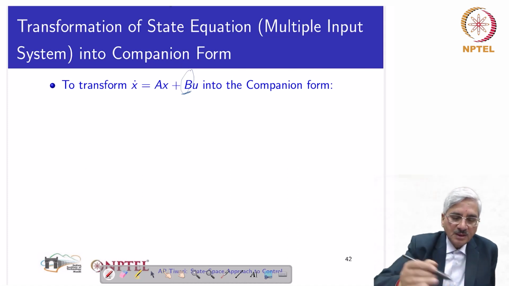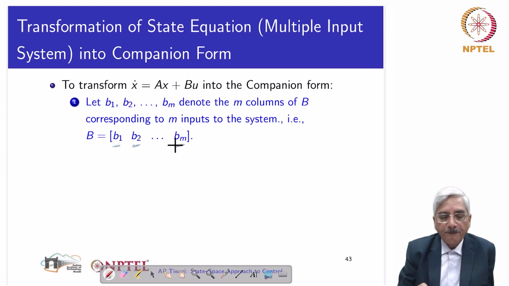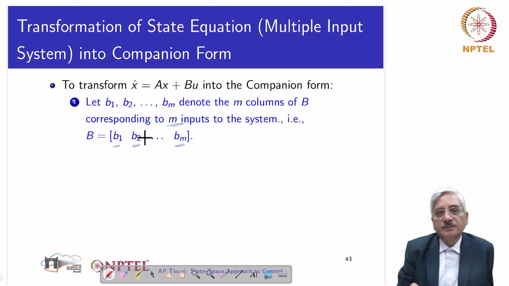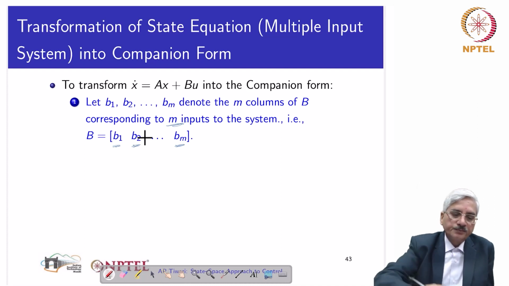So each input has a corresponding column in B. B1 is for U1, B2 is for U2, and Bm is for Um. So if there are m inputs, there will be m columns in B. And of course we assume that none of the B columns is 0. At least one non-zero entry is there in each of the B1, B2, etc.